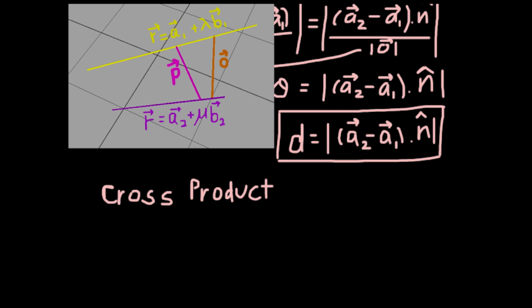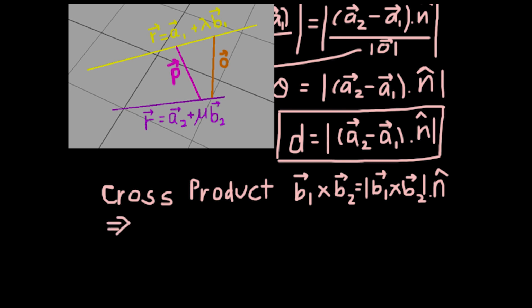Then the cross product of B1 and B2 would be equal to the magnitude of the cross product of B1 and B2 in the unit direction of the shortest distance vector, N. So then, N is equal to the cross product of B1 and B2 divided by the magnitude of the cross product of B1 and B2.